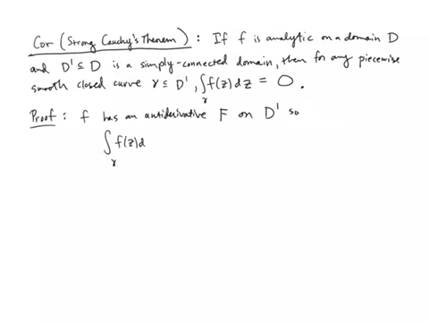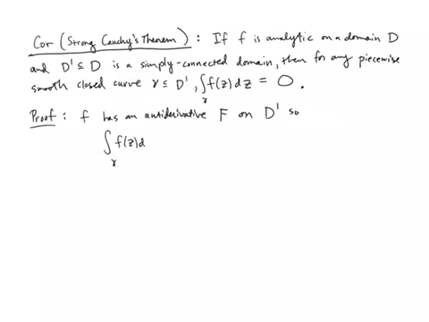The rest of the proof is to basically use the fact that since this is not equal to 0, we can find some neighborhood around z naught where g is not equal to 0. And that's just by continuity. If g attains a non-zero value at z naught, then if you move just a little bit away from z naught, you can't move too far from this non-zero value. In some small enough neighborhood of z naught, you can't instantaneously jump to 0.